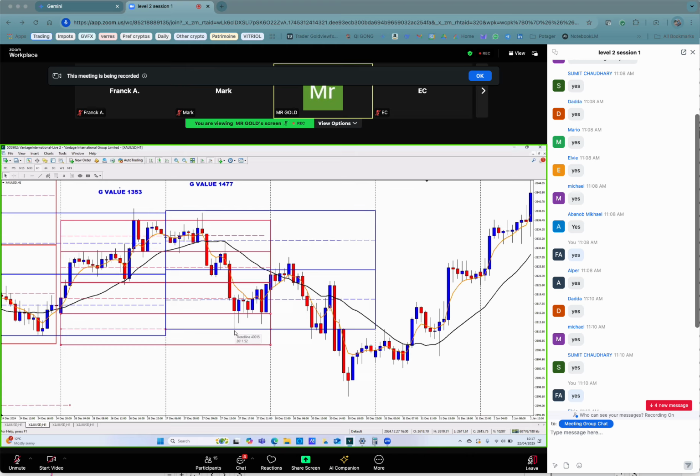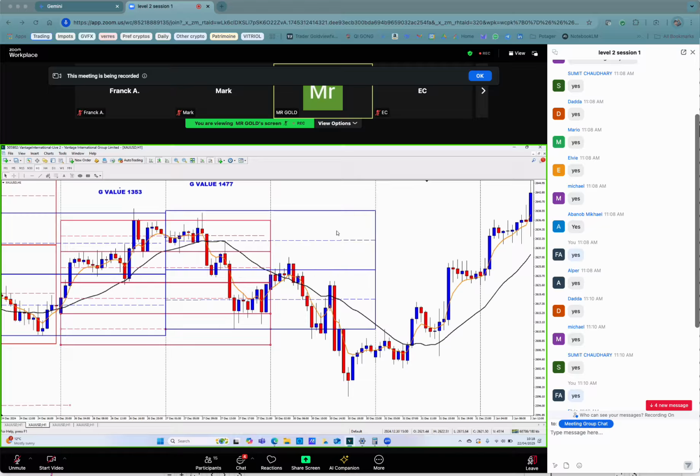So we drew the box from the low using this G value, and we stacked the boxes up. And to save time the following day, because I may not get a chance to draw boxes, I moved it across. And that's the previous day's box from here, moved across.